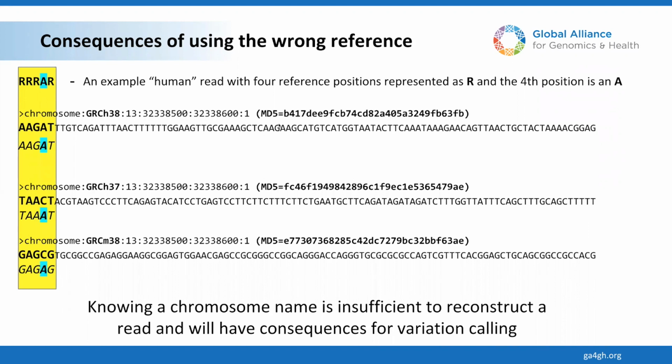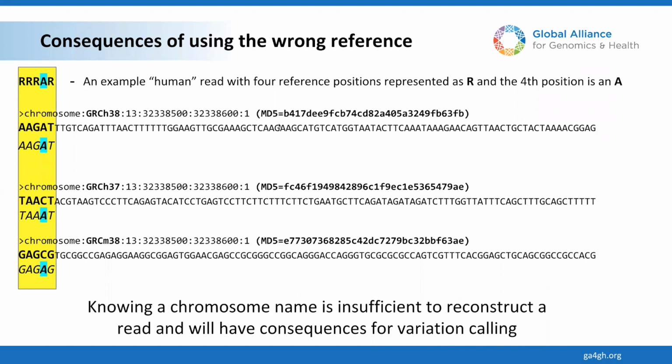The second one, which is probably the most likely because we said that this was a human read, we can read through the reference sequence there and we can see the read is actually TAAAT, and there is a difference from the reference genome sequence in that 4th position, so this looks absolutely fine. Now the thing is though that we could actually introduce the mouse genome here at the very bottom for the exact same region, and suddenly the read changes from being TAAAT to GAGAG.